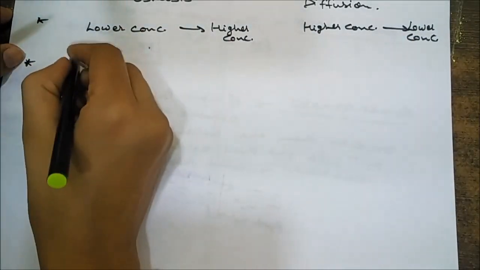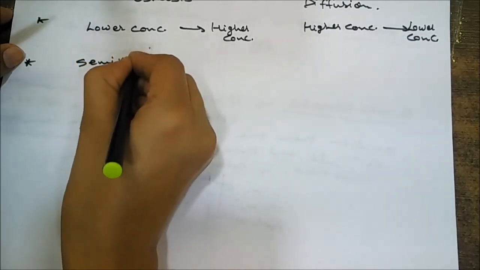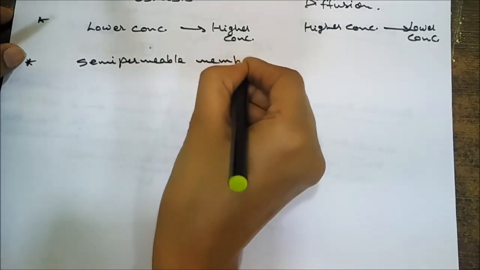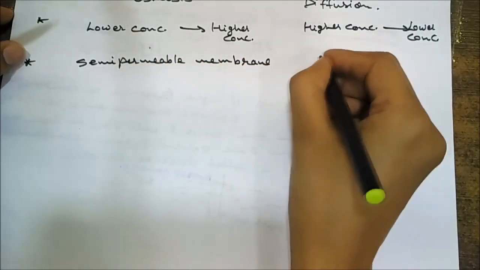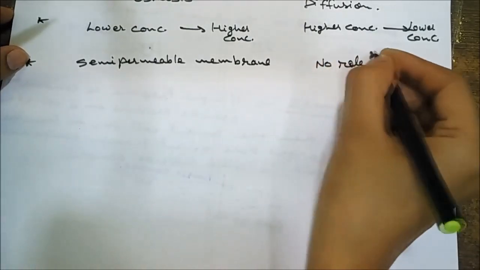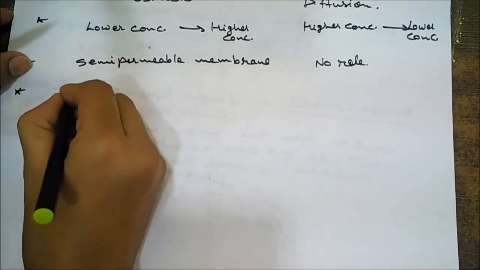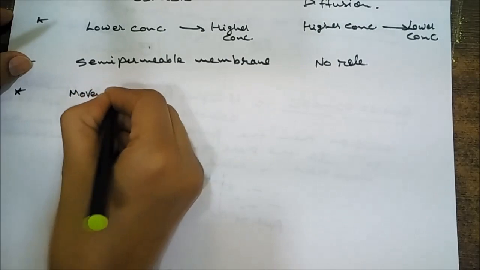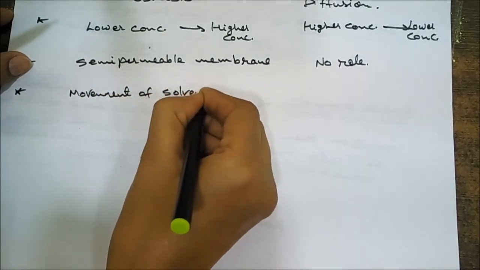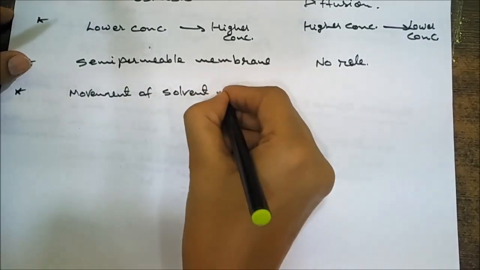Osmosis happens through the semi-permeable membrane, but in diffusion there is no requirement of a semi-permeable membrane. Osmosis involves the movement of solvent molecules only.